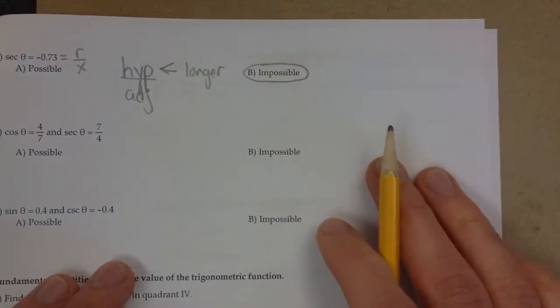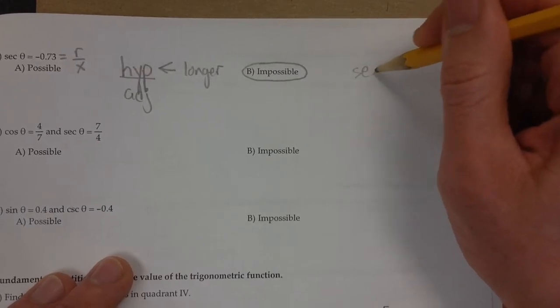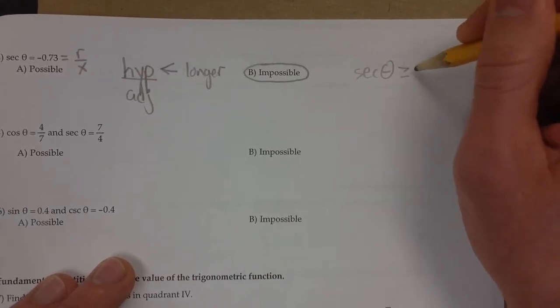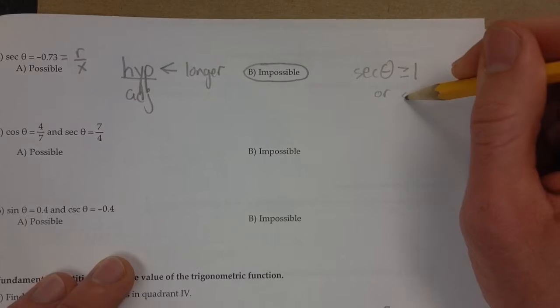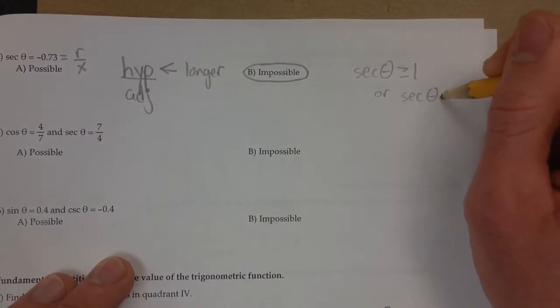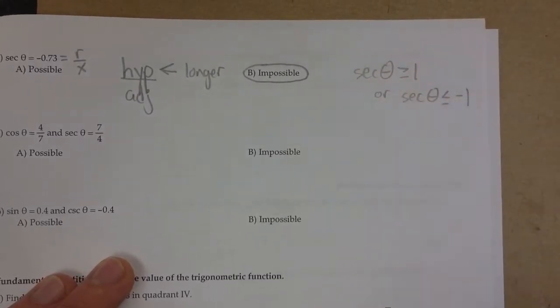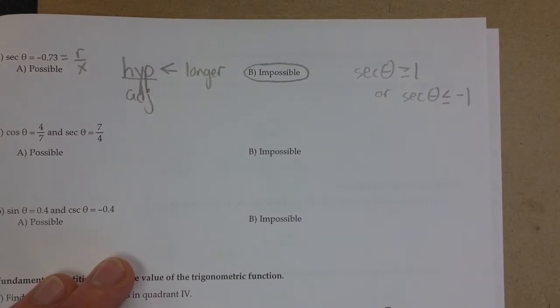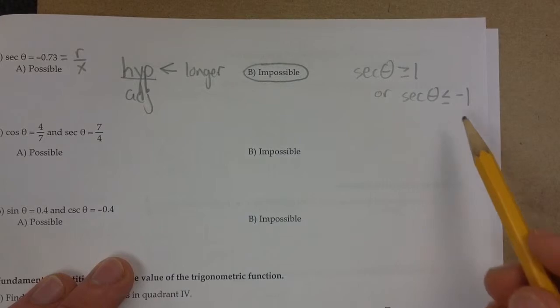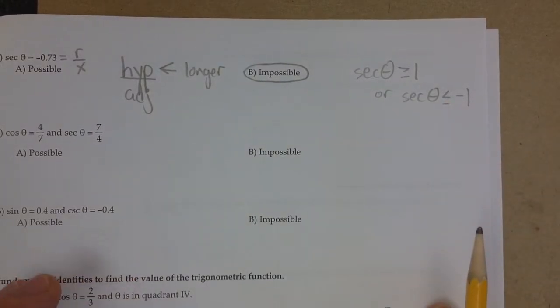Secant either has to be greater than or equal to 1 or less than or equal to negative 1. It's the opposite of sine and cosine. Sine and cosine have to be between negative 1 and 1. Secant and cosecant have to be outside that range. Okay?